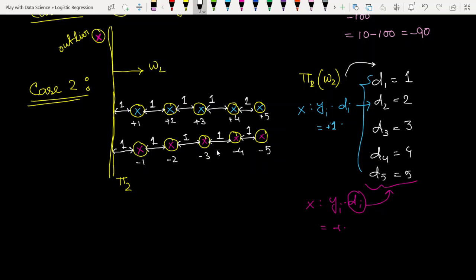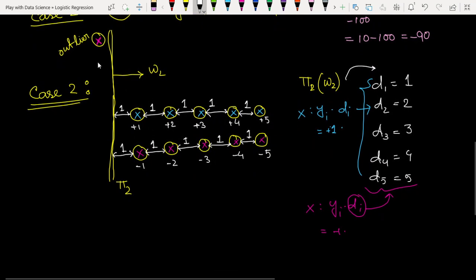Now let's take our outliers. What about our outliers? Let's first take the distance. Let's take this distance d equal to 1. This point is on the different side of the plane and it is also negative, so this means it is correctly classified.